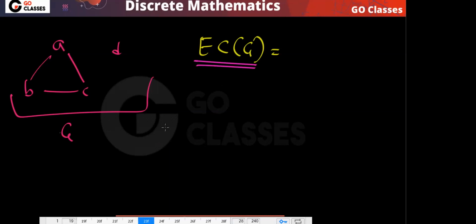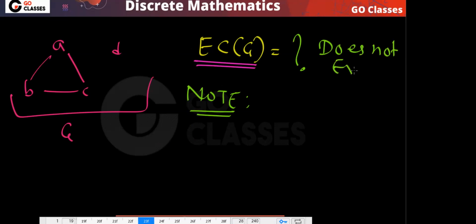Tell me, is it possible? Okay, so basically it does not exist, because you cannot cover all the vertices using edges. Yes or no?